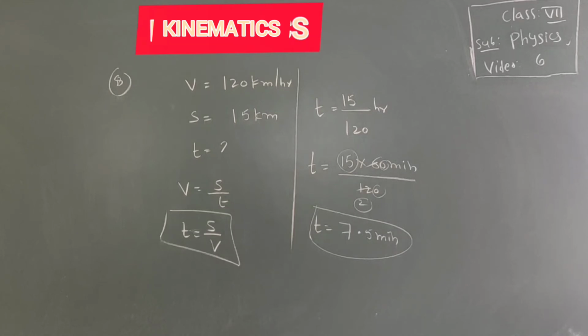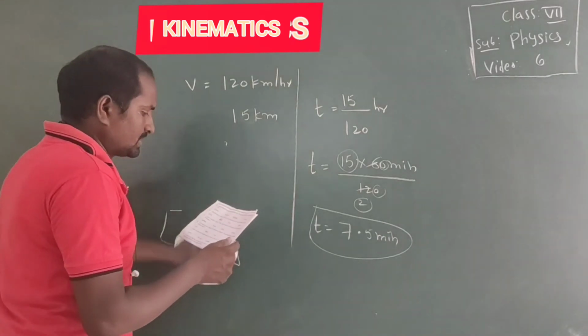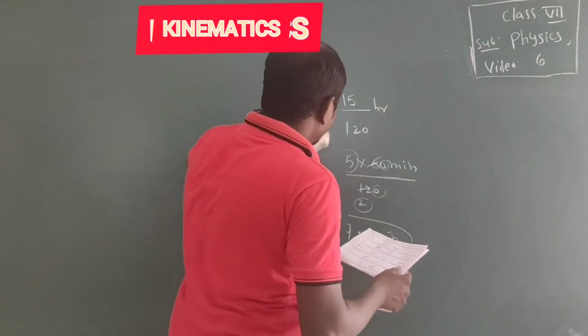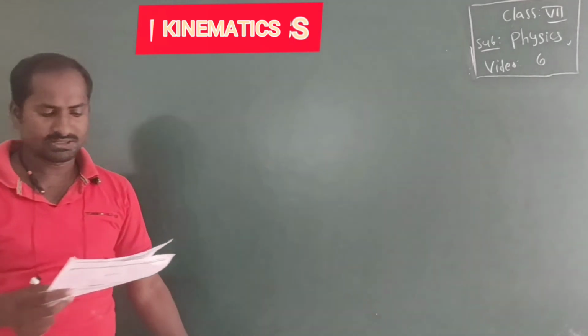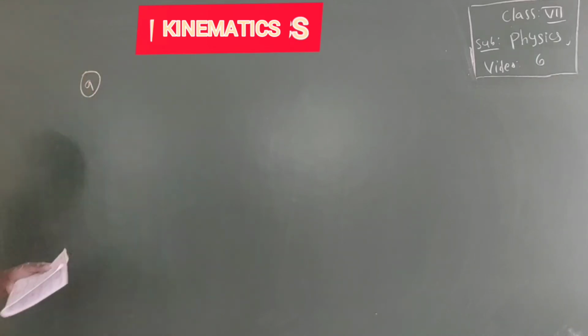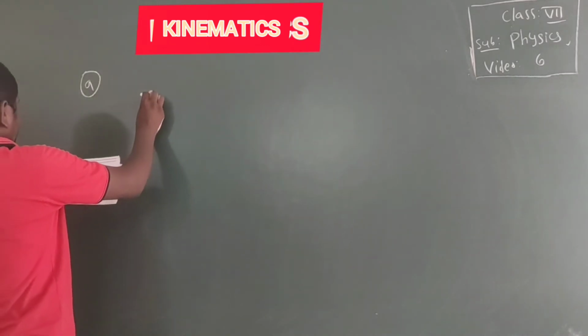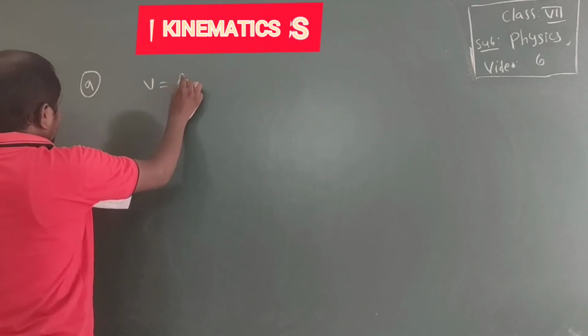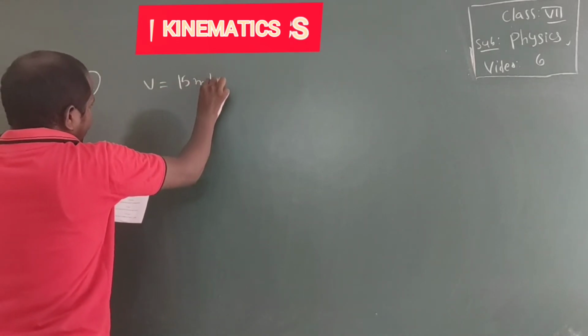Okay, next one. A car is moving at a speed of 15 meters per second. In how much time does it cover a distance of 1.2 kilometers? So here question number 9. V is given, that is 15 meter per second.